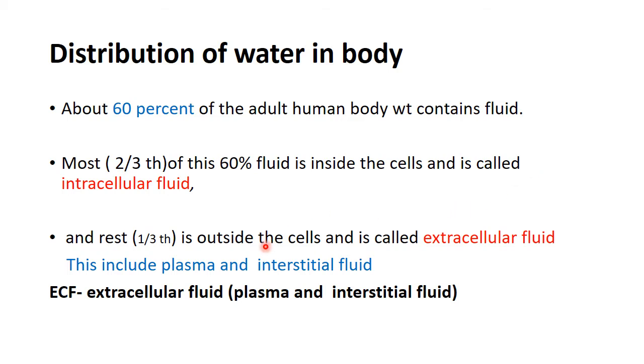So this ECF includes plasma and interstitial fluid. The name is a little bit confusing, but the extracellular fluid is responsible for making the internal environment. Why? I will tell you this point later.